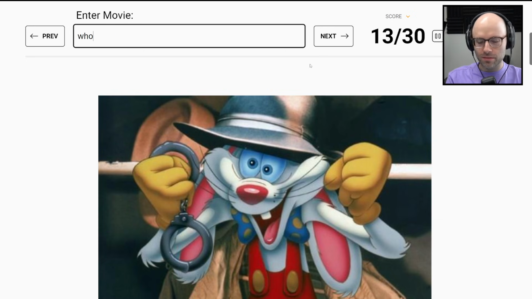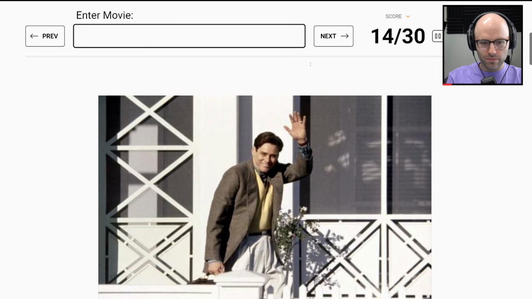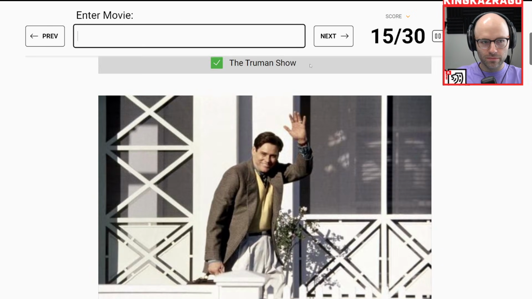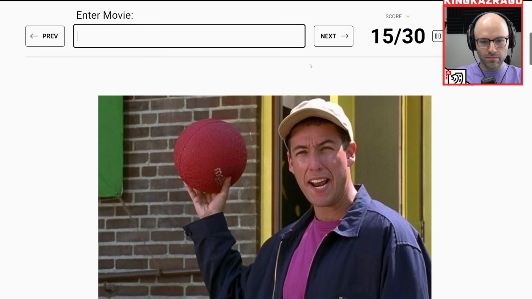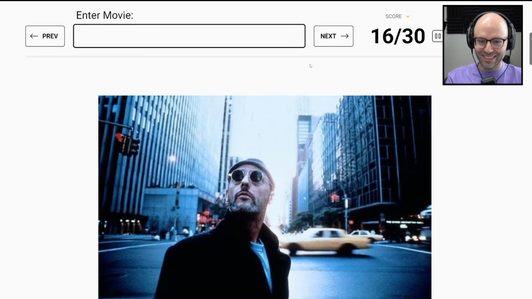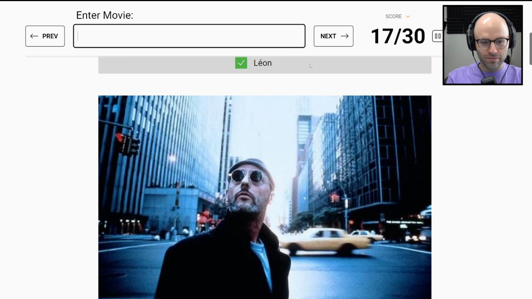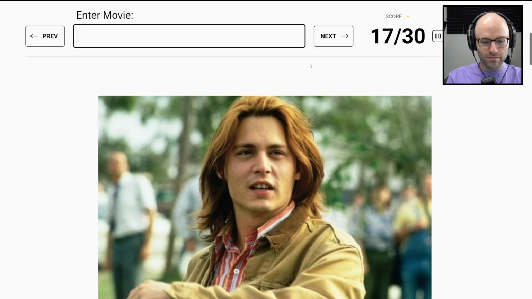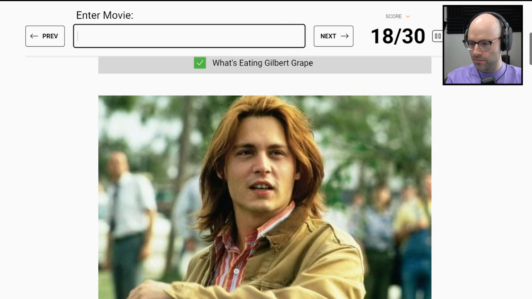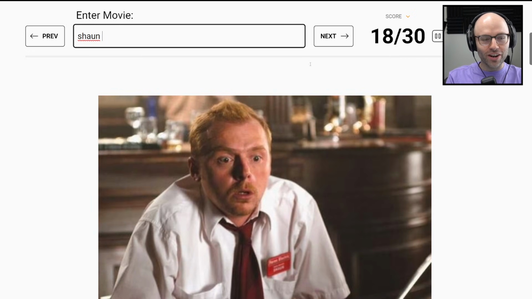Roger Rabbit. Who Framed Roger Rabbit? Truman Show. Billy Madison. Cracks me up, man. Leon, The Professional. Gilbert, What's Eating Gilbert Grape. Shaun of the Dead.